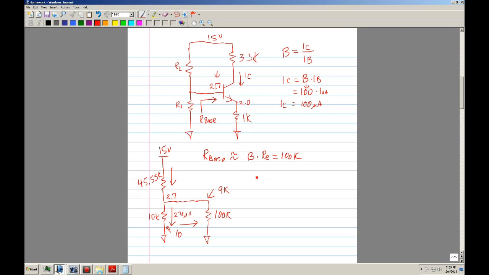Okay. Now let's go ahead and do this. You said it was 9,090. In this case, we can say 9.10 kilo. And the summation: add the 45.5K plus this.